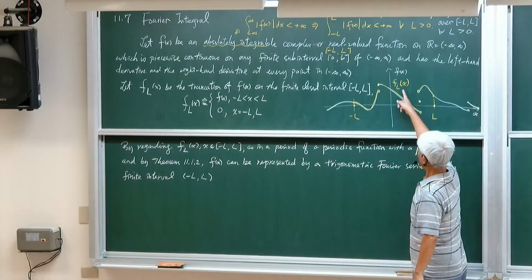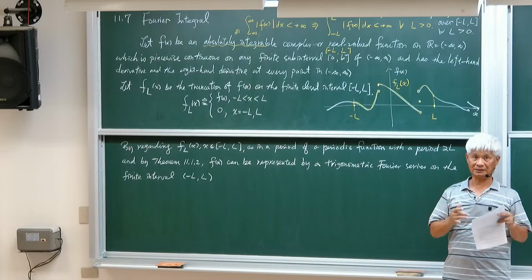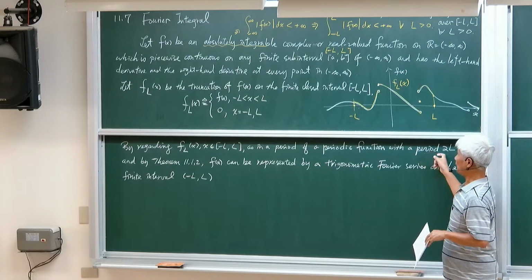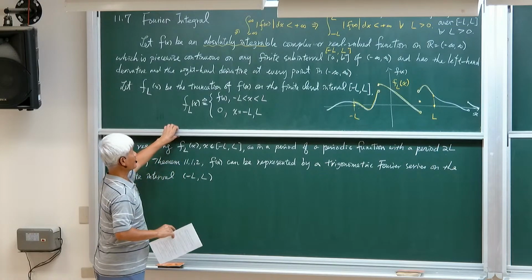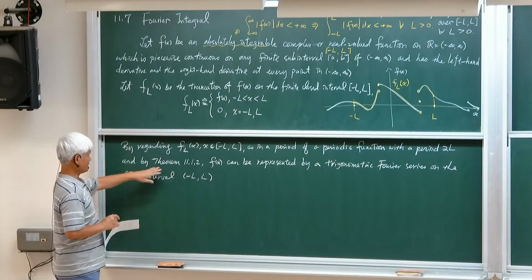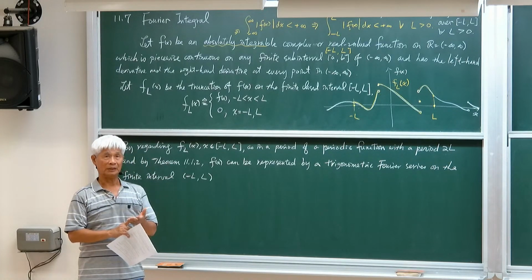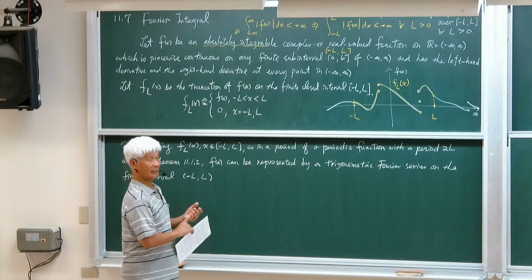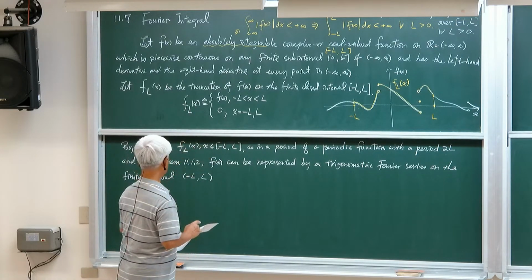So overall, you can regard this truncated function as in a period of a periodic function with period 2L. As we know, this periodic function satisfies all the premises in theorem 11.1.2, such that in one period it is piecewise continuous and it has the left-hand derivative and right-hand derivative, as we assumed there.